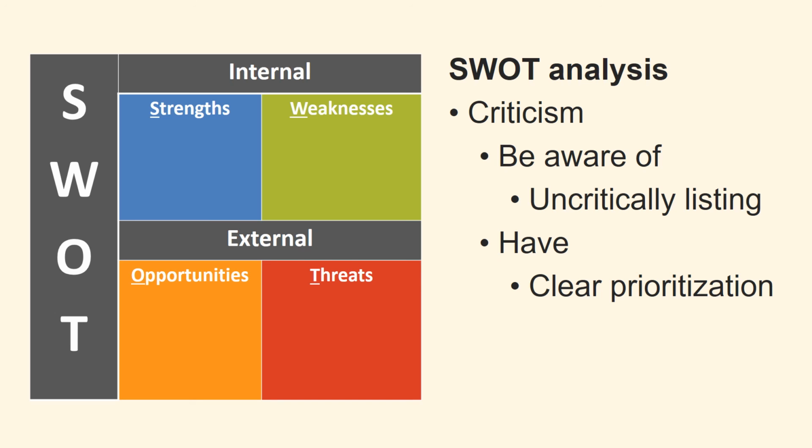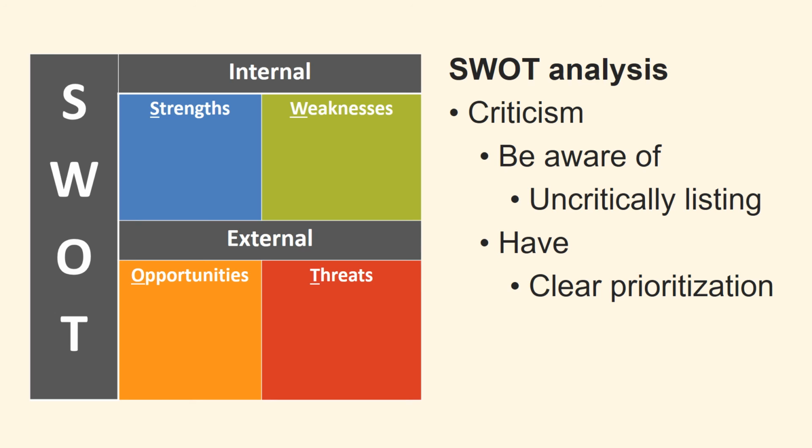SWOT analysis is just one method of categorization and has its own weaknesses. For example, it may tend to persuade its users to compile lists rather than to think about actual important factors in achieving objectives.